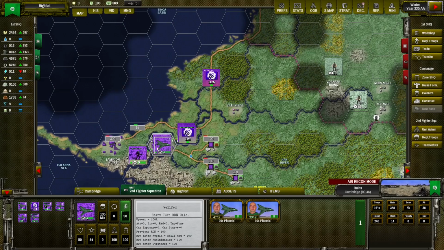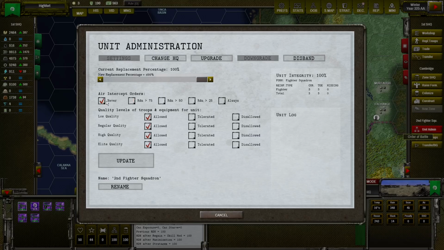And to allow the intercepting of enemy air forces, you need to select the fighter unit, go to unit administration, and here you can change those options. Currently I will never engage in intercepting enemy air forces, but here I can say that if my readiness is higher than 75, this unit should also try to fight with enemy air forces.